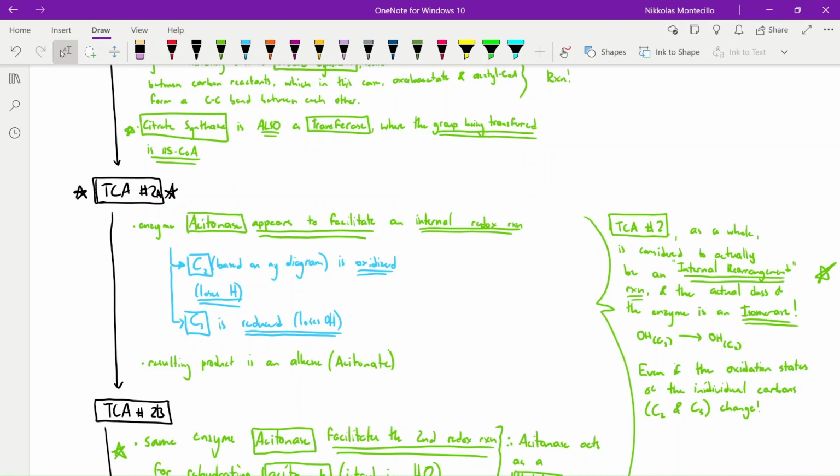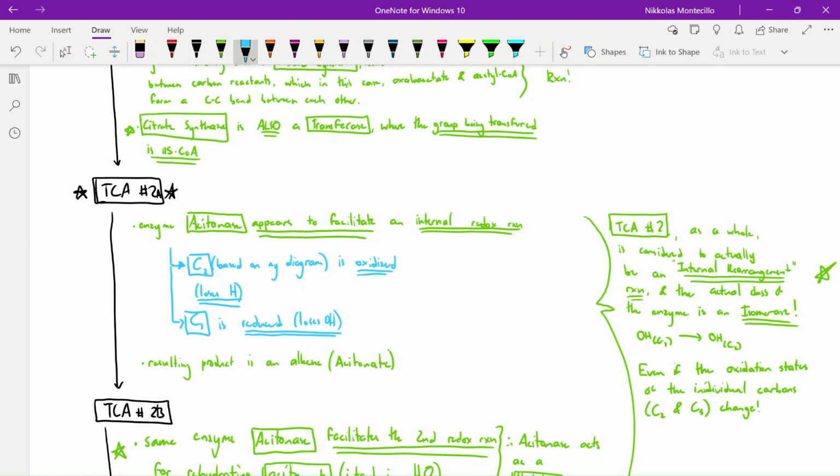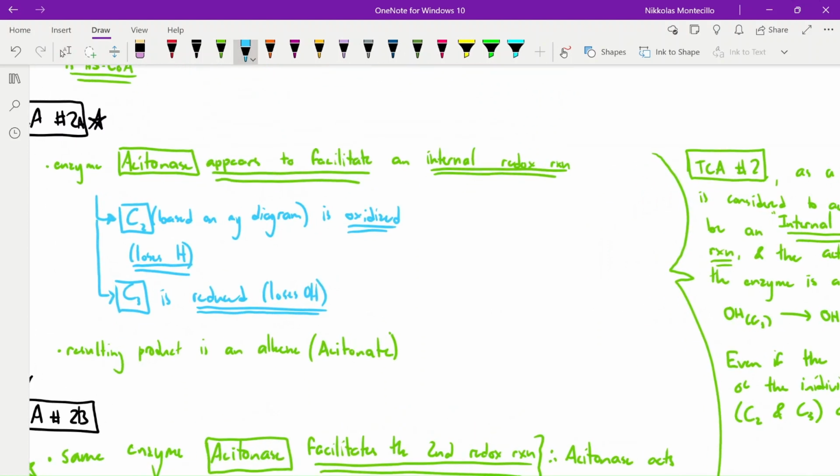So it gains those electrons. That's what I'm describing when I say aconitase appears to facilitate an internal redox reaction.